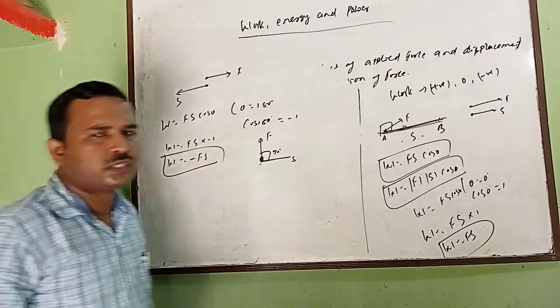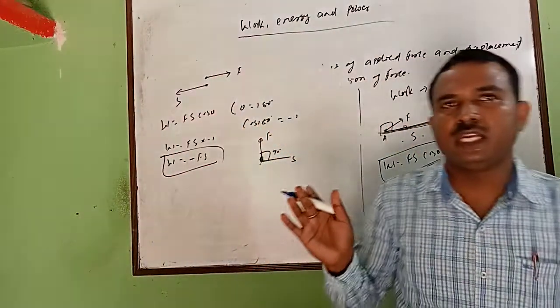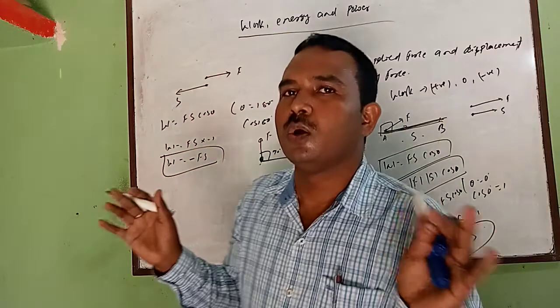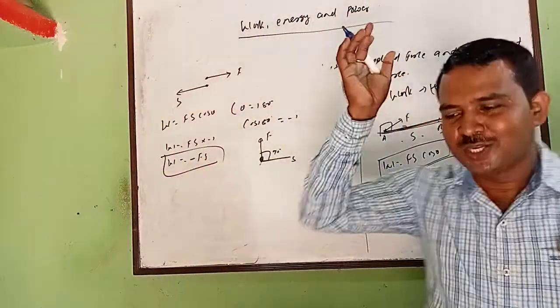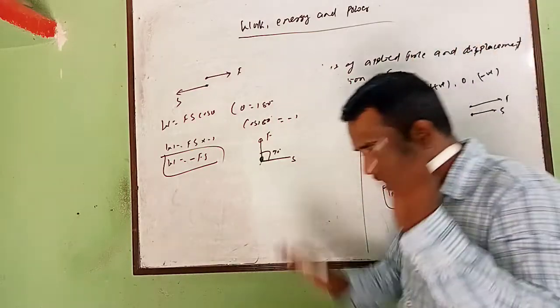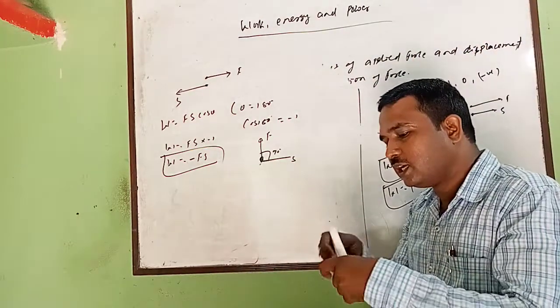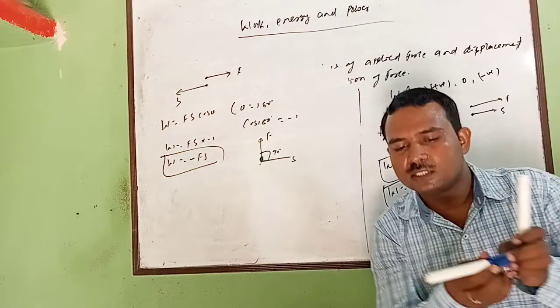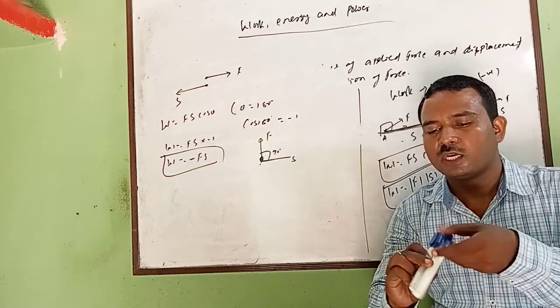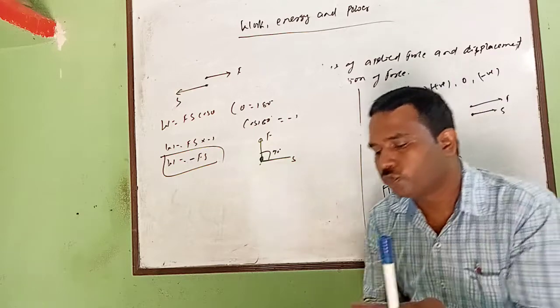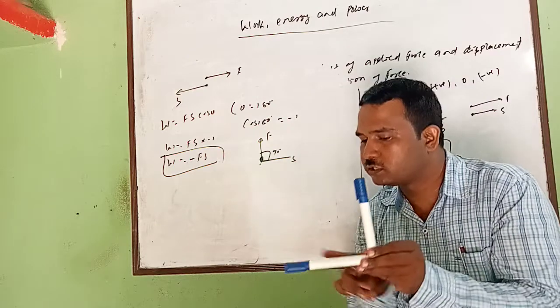90 degree means what? Suppose that a porter takes baggage or anything on their head and moves. So the force and the displacement: this is the force and this is the displacement.